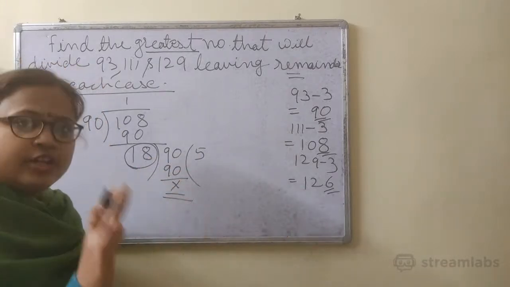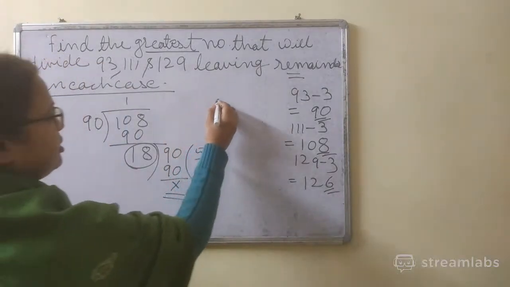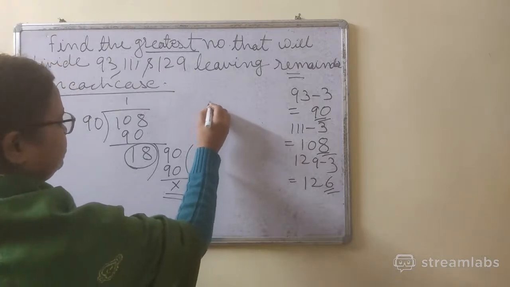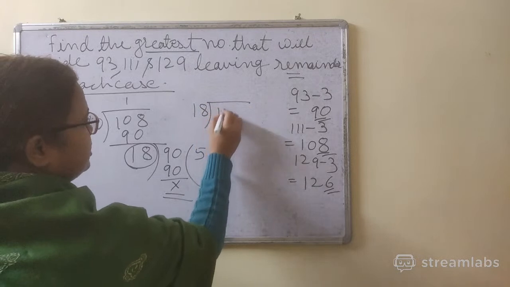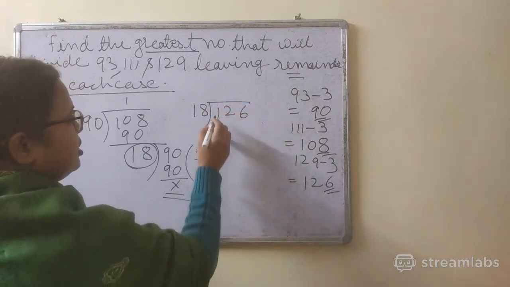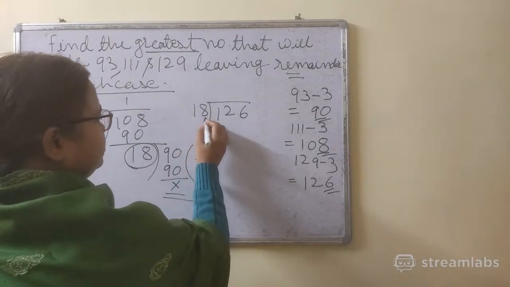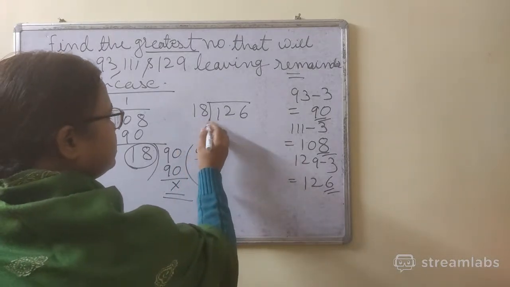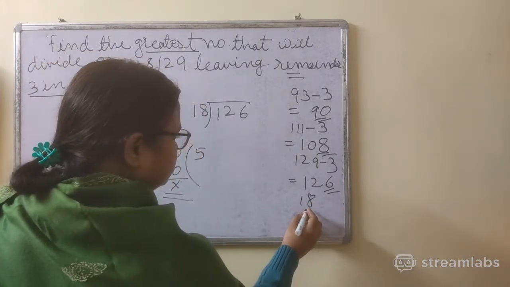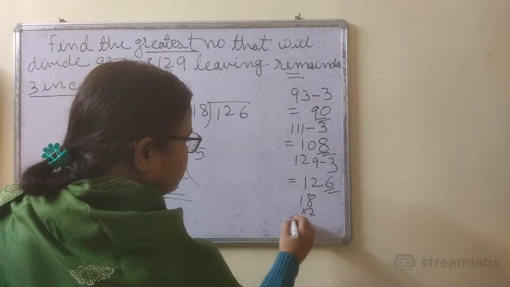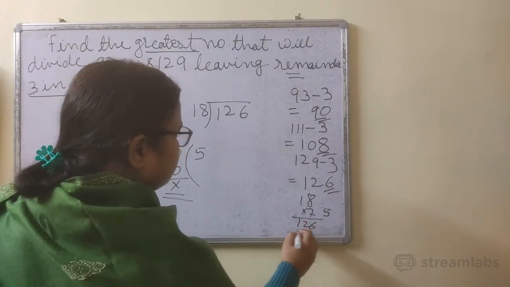This method I have already discussed yesterday, so you know the concept. Again you will divide 126 by 18. 18 6s are 108, 18 7s are 126.